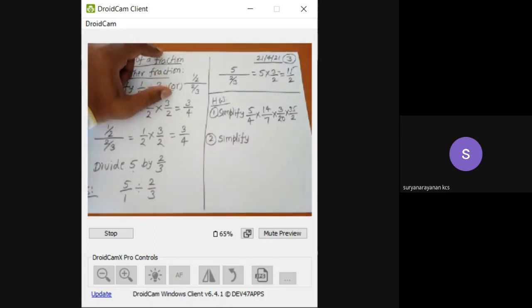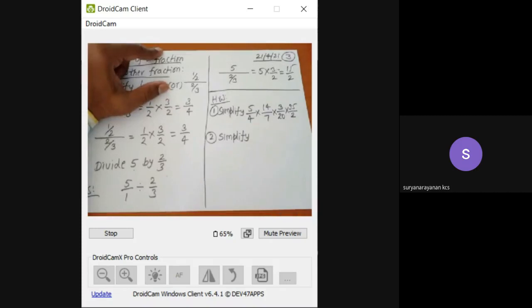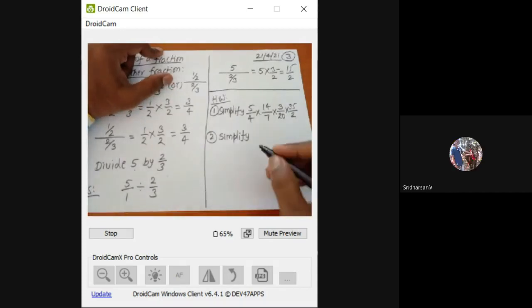These are the homework sums. Please do these homework sums and submit.